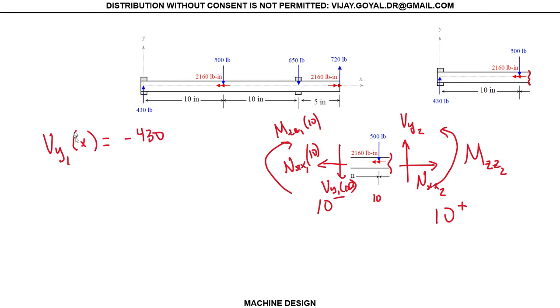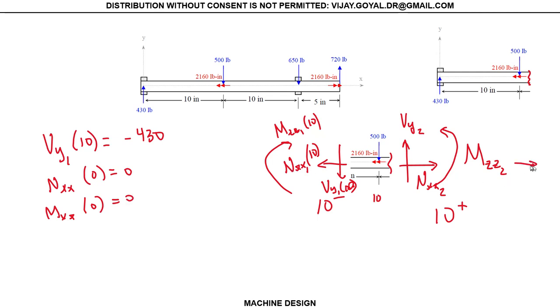So therefore, if I replace x by 10, I will get the same value. Nxx, really, I don't have any Nxx in this problem, so these are all 0. Now, I do need to know Mxx because I have a torque that's applied there. It is 0 in the first segment. Okay, so it's 0 there.